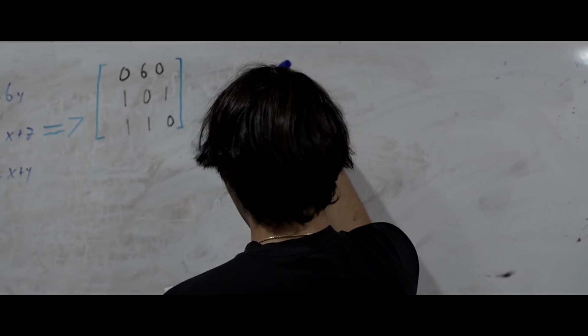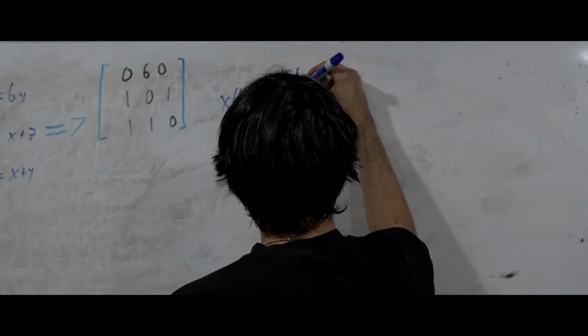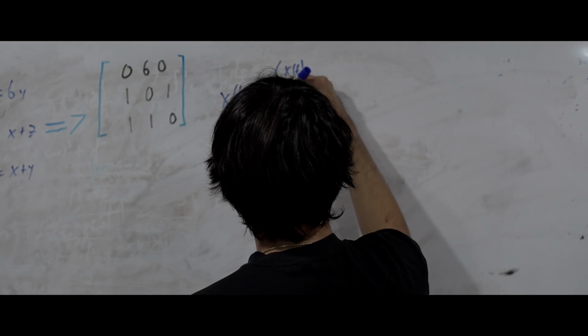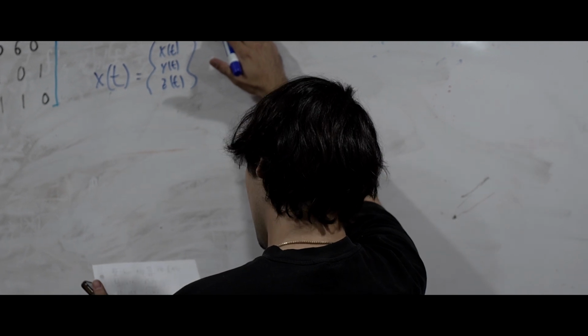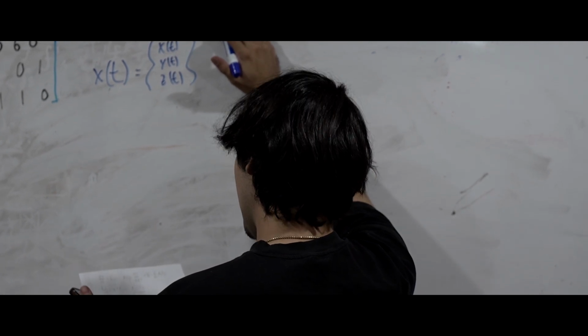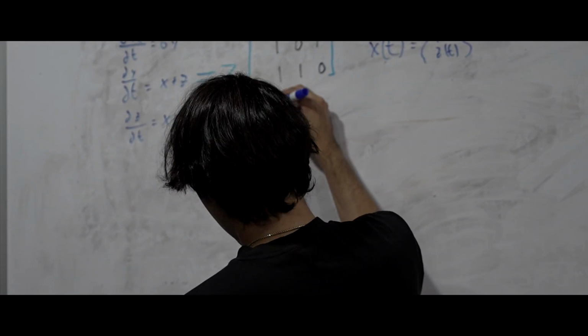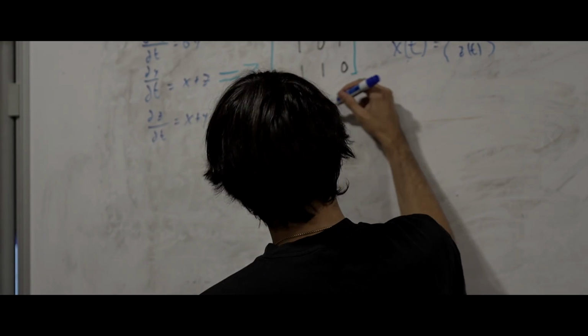Let's call that big X of t equal to small x of t, y of t, z of t, right? So we want this, and then we're going to use this formula right here: X prime is equal to AX.